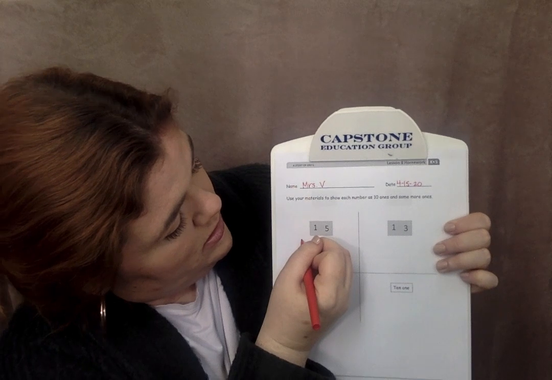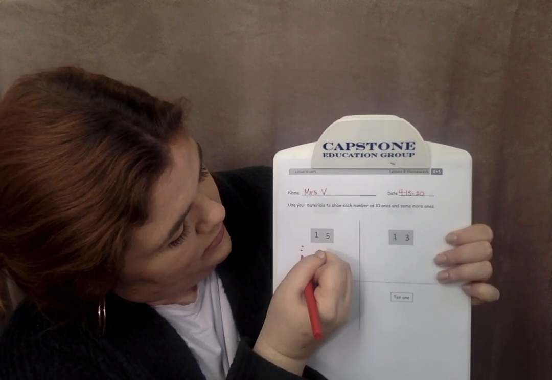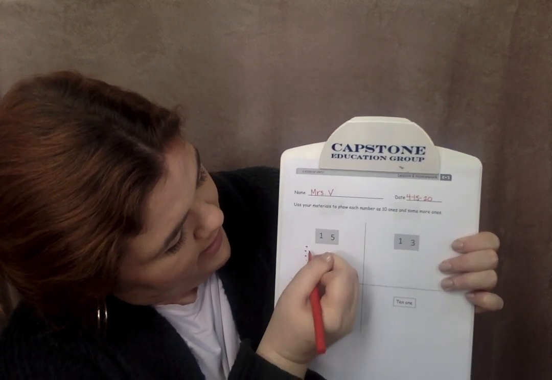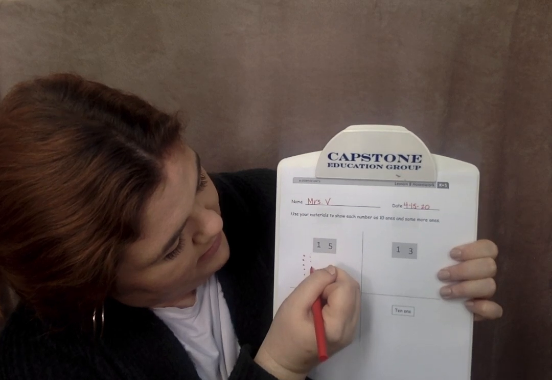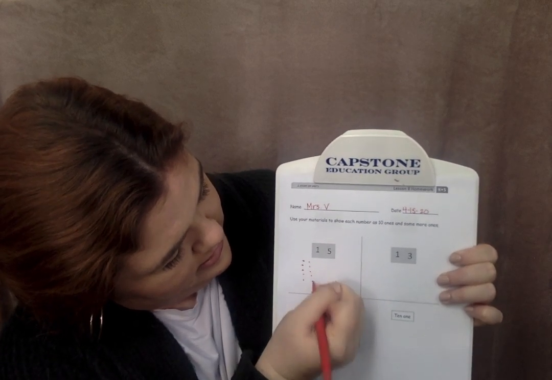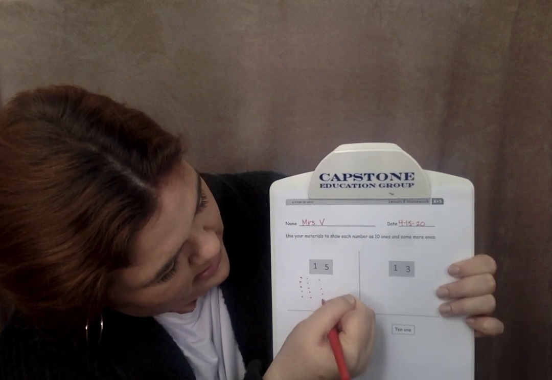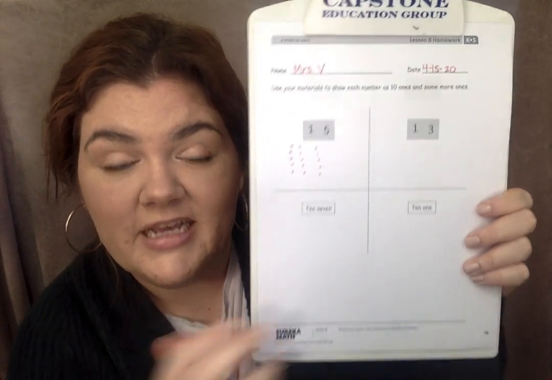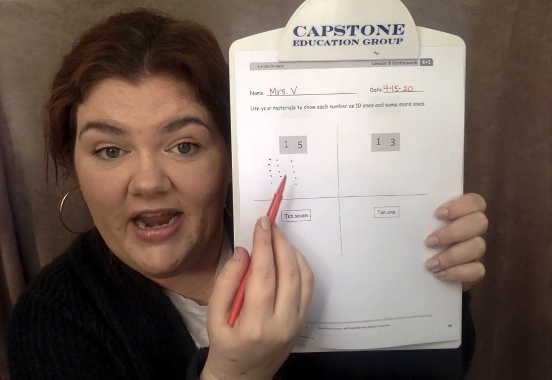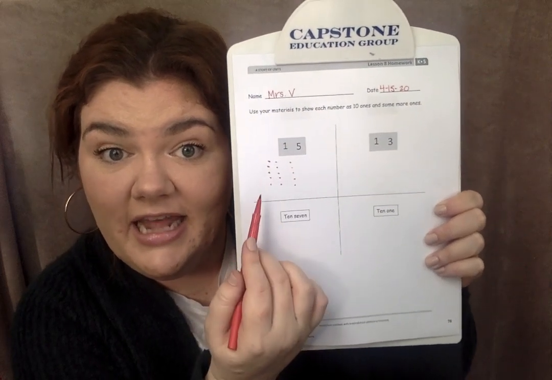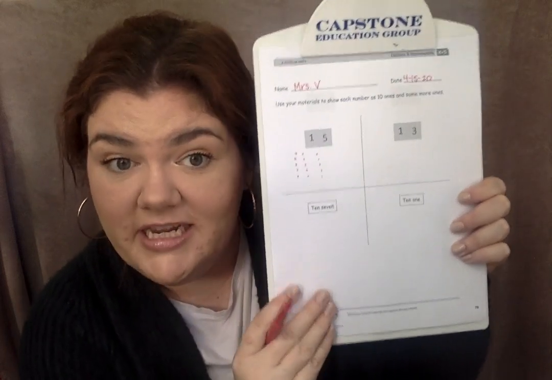So just like we did in our examples, we're going to make the dots. So I'm going to do 1, 2, 3, 4, 5, 6, 7, 8, 9, 10, 11, 12, 13, 14, 15. See how I have my 10 and then I have my 5? 10 and 5 make 15.